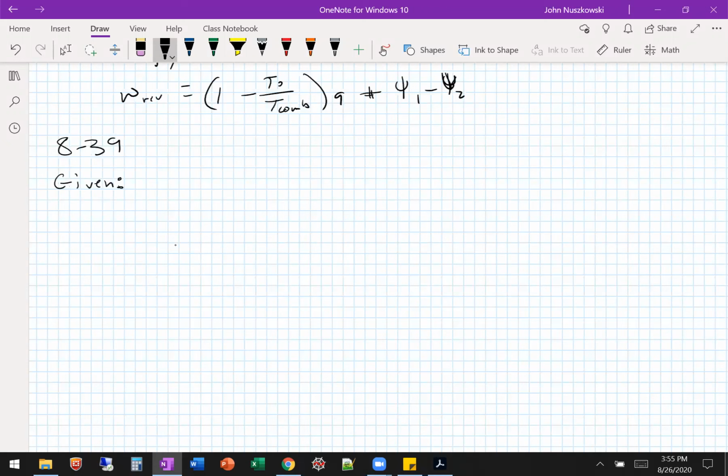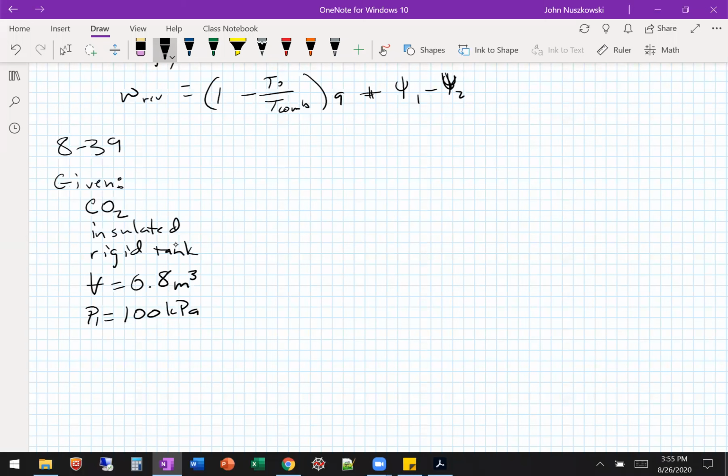All right, so we have CO2 in an insulated, rigid tank. We've got a volume of 0.8 meters cubed, an initial pressure of 100 kPa, a second pressure of 135 kPa, and a dead state temperature of 298 Kelvin.